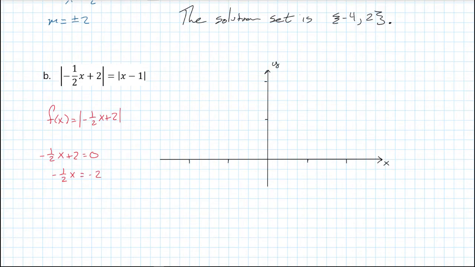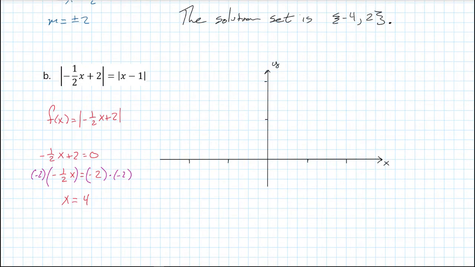I will now multiply both sides by -2 in order to get the x by itself. The -2 and the -1/2 will cancel, resulting in just an x left over on the left side. And then the right side, -2 times -2 is 4.